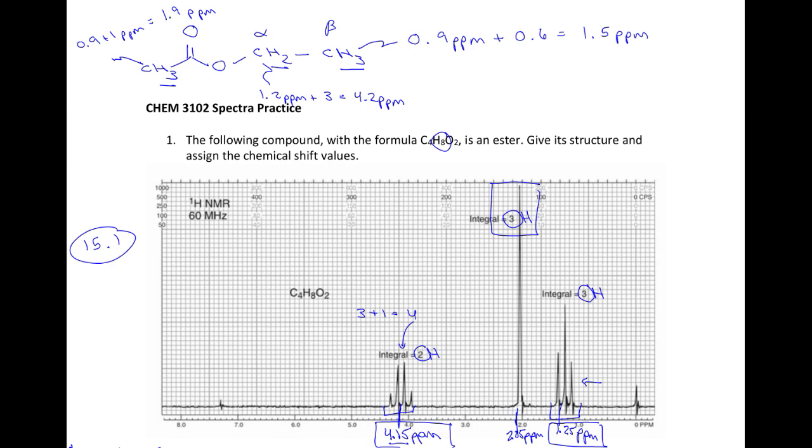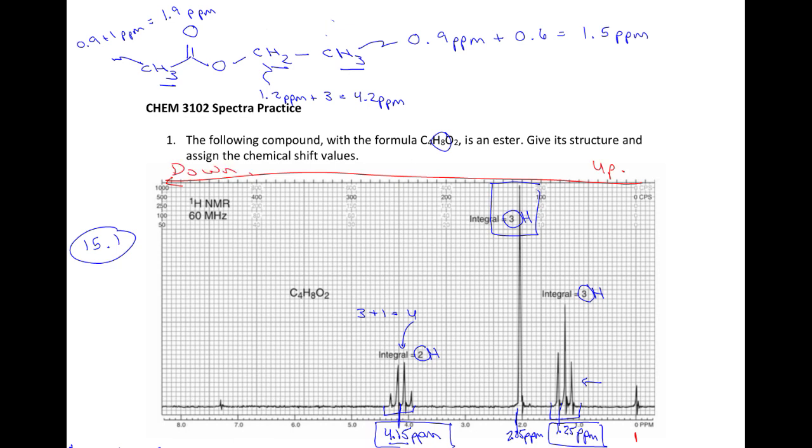There's just one more thing I want to cover here, and that's proper annotation of an NMR spectrum. The proper way to annotate an NMR spectrum is such that everybody in the class should annotate it in the exact same way. We start at 0 ppm, going from upfield and then traveling downfield.